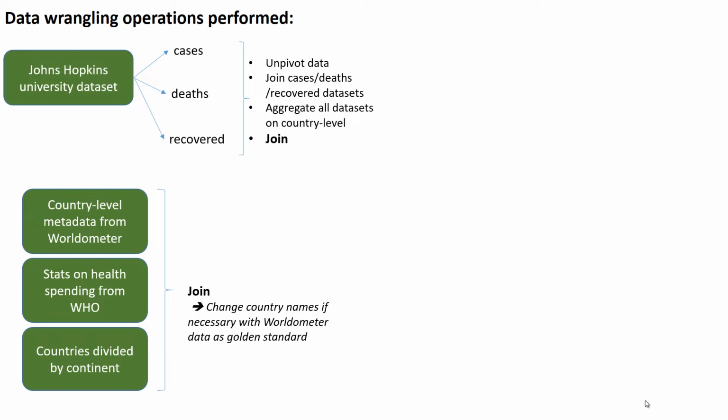For example, the Democratic Republic of Congo is sometimes denoted as simply DR Congo. So these different spellings are a bit of a hassle, they give you a little bit of trouble when you want to join data sets on countries, when the country is the ID basically.